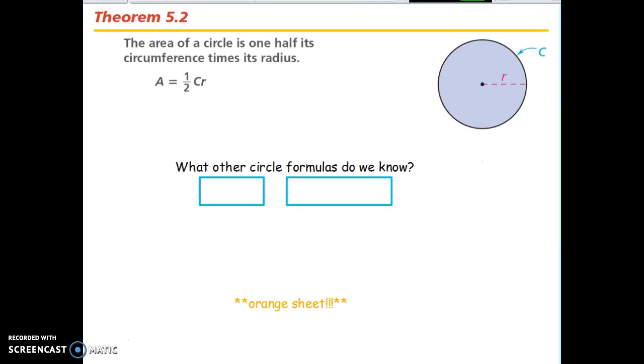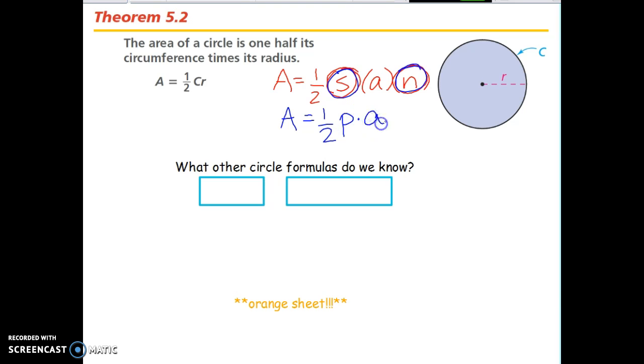So we know that area is equal to 1/2 times S times A times N. We also know that side times the number of sides gives us the perimeter. So A is equal to 1/2 perimeter times the apothem.